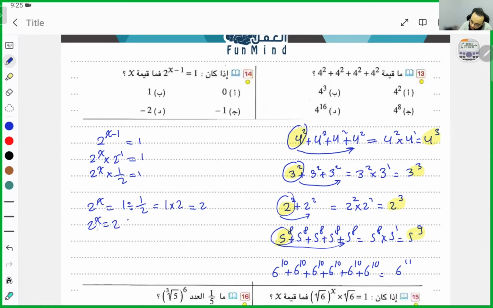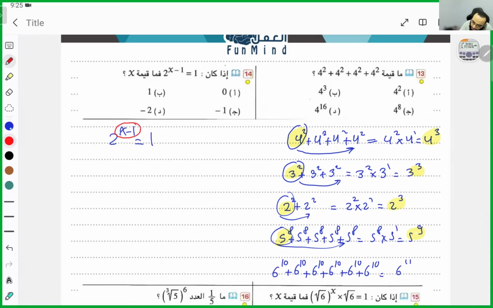If 2 to the power of x equals 2, this is 2 to the power of 1, so x equals 1. We can do it another way. If 2 to the power of x minus 1 equals 1, then the power must be 0, because if the answer is 1, the power must be 0. So x equals 1. That's it.